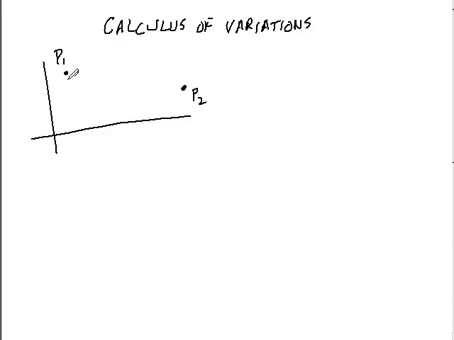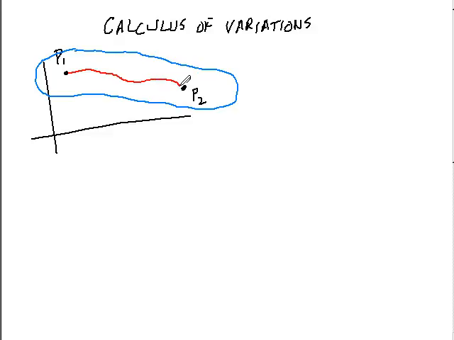But what if we have a medium, put it in blue here, where the properties are not homogeneous, so the velocity or the refraction index actually varies? So the light ray may wander around and go like something like this. We know the light ray will take the shortest path, or at least the shortest time.